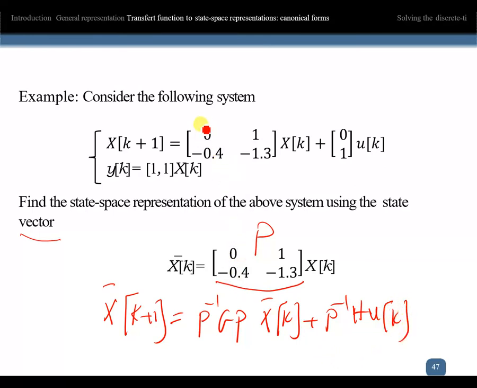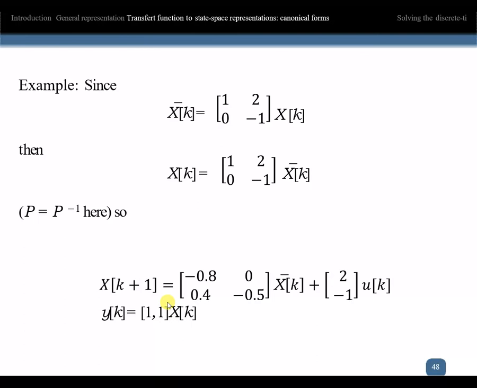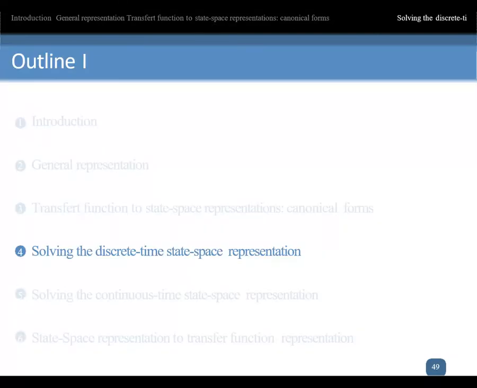I know this is the G, this is the H, I know the P, I find the inverse, multiply together, and I will find the x hat (k+1). Okay, this is the new vector we define for the state space representation, solving the discrete-time state space representation.